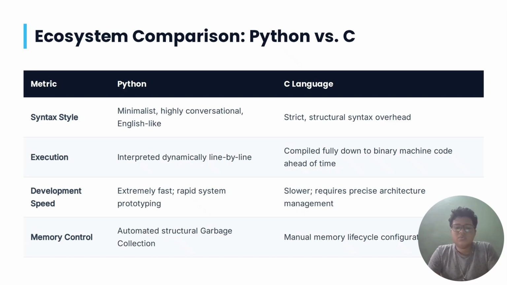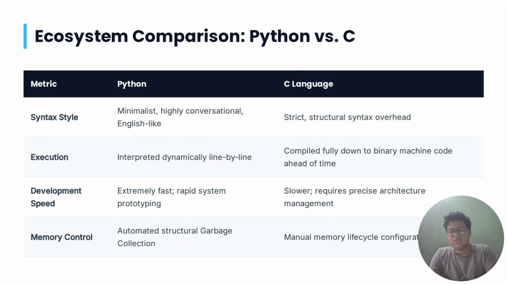Ecosystem comparison, Python versus C, very important. When it comes to syntax style, in the case of Python, it is minimalist, highly conversational, and English-like, as I already said. When we will be doing it, we will see that it's very much like English.